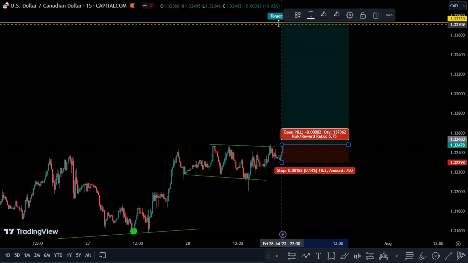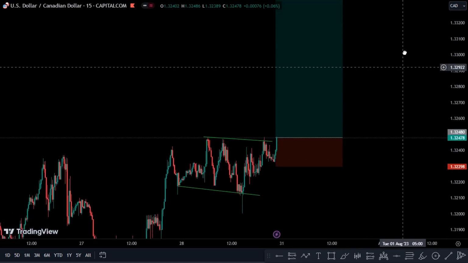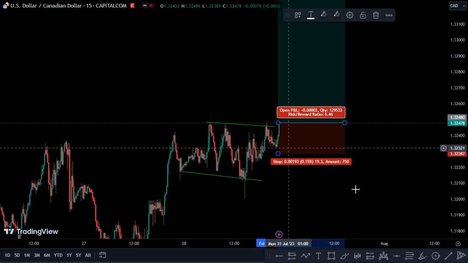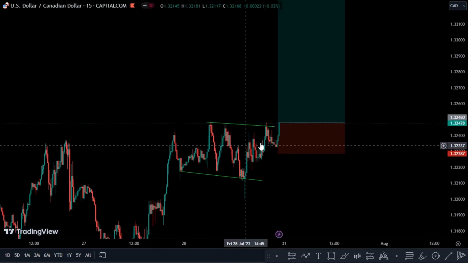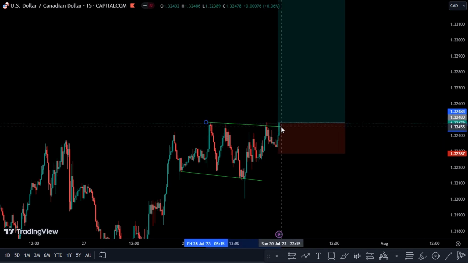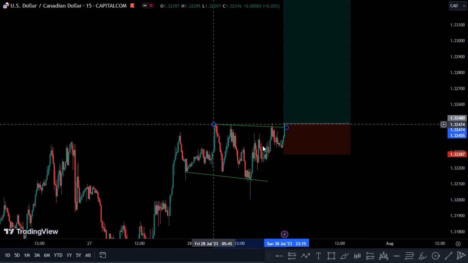That will be my target, which will be the neckline of that huge W formation that you saw in a bigger time frame. Then I would keep my stop loss just below this range, as this consolidation phase is being broken by this candlestick right here. We can see it clearly closing above this structure.